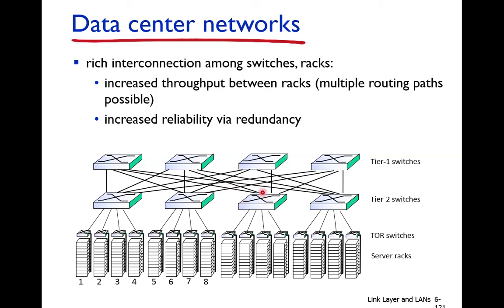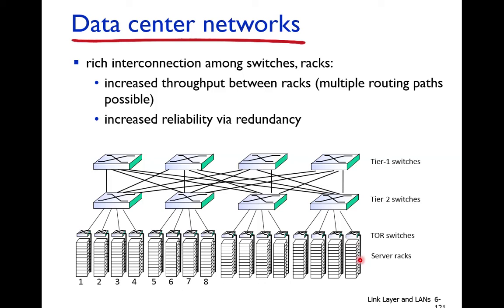This is an architecture for networking, and in this architecture you can see that at each server rack there is a switch. This is called top of the rack switch, TOR switch, and these top of the rack switches are connected through tier 2 switches, and these tier 2 switches are connected to the top layer switches.